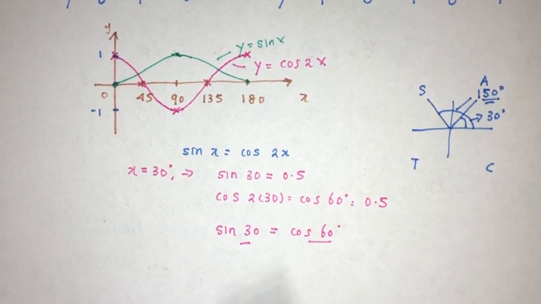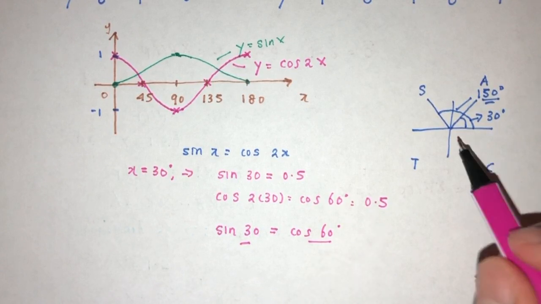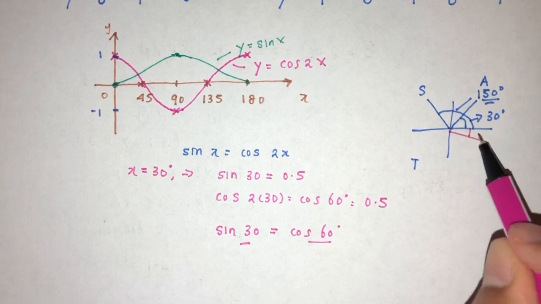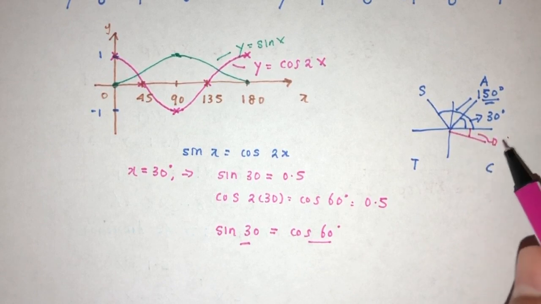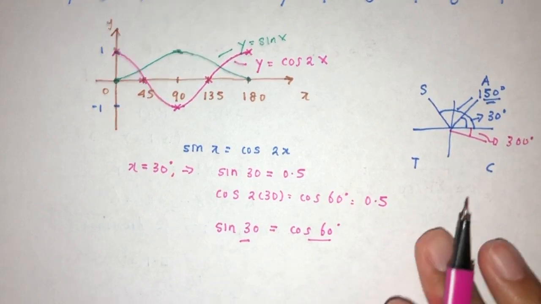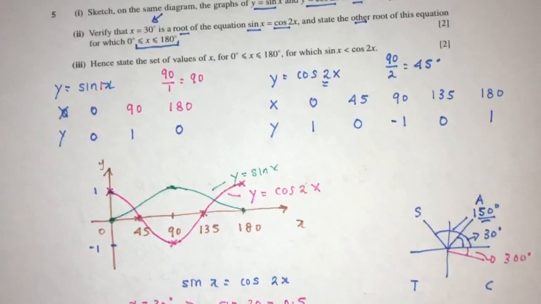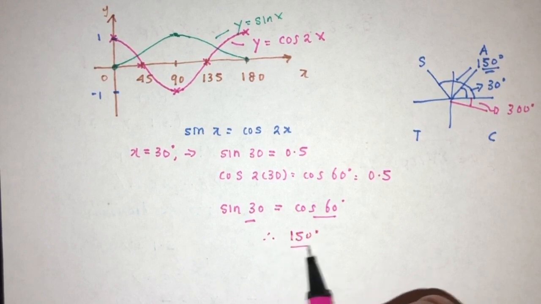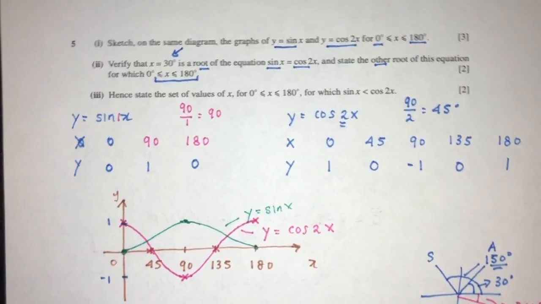And now, because we also know that, for example, here we have cos of 60, the other root could also be in the fourth quadrant. That should be 360 minus 60, that should be 300. However, because x can only be between this and this, we'll take the other root to be 150 degrees, according to the quadrants. Now let's move on to part 3 of the question.